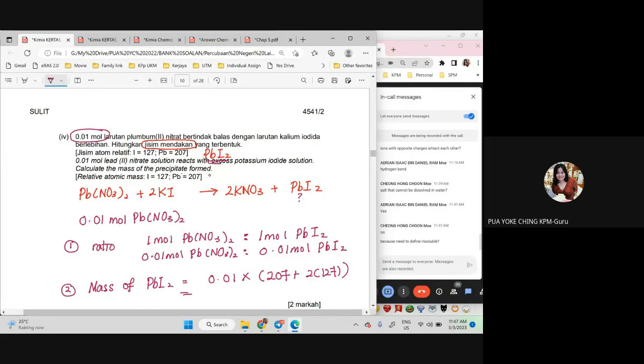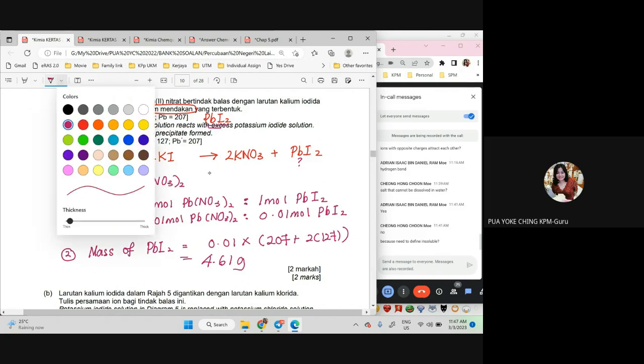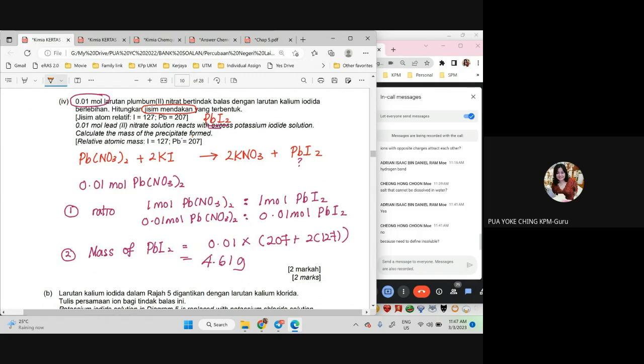So kita akan dapat 4.61 gram. So every time sekiranya soalan calculation keluar, pastikan do it step by step and very clear. Boleh nampak dengan jelas. So this type soalan ini saya dah bagi a very clear steps.